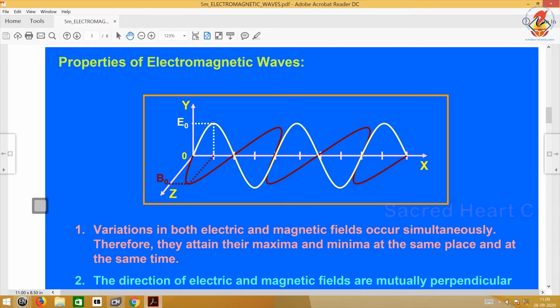Electric field oscillations will be along the y-axis. Wave is propagating along the x-axis. The electric field oscillation is along the y-axis. The magnetic field oscillation is along the z-axis, that is shown by the dark red line.